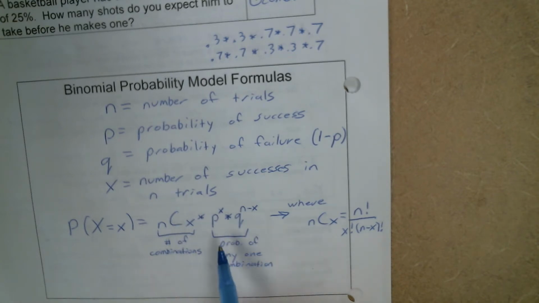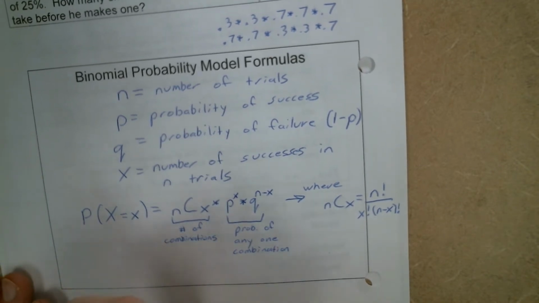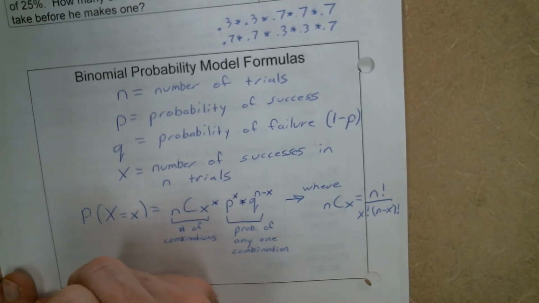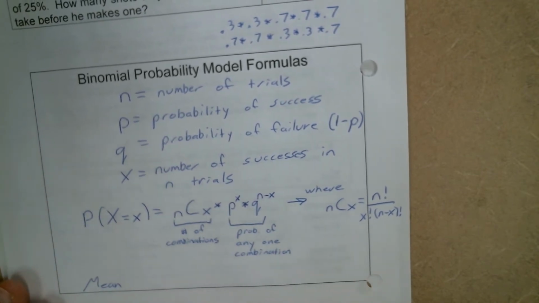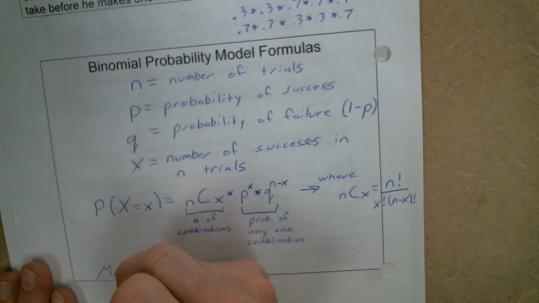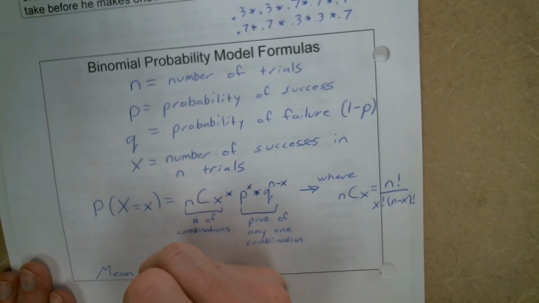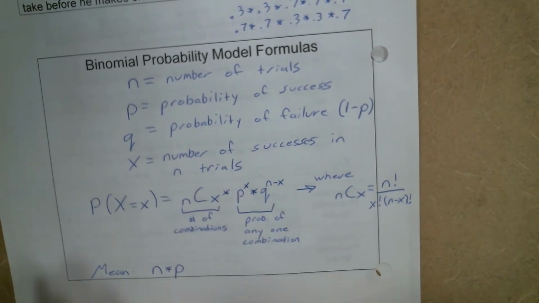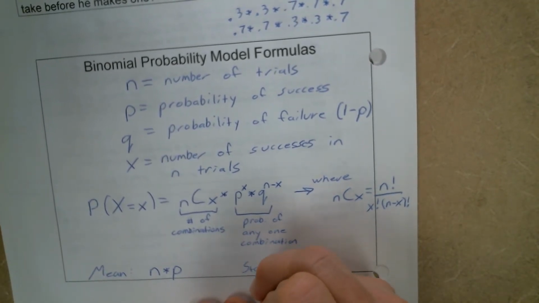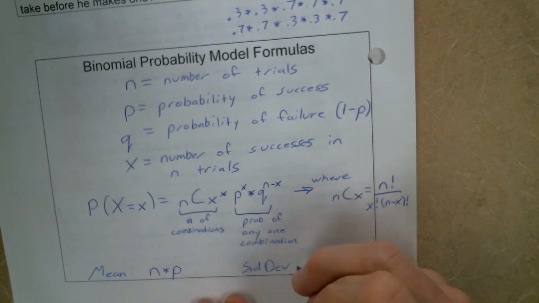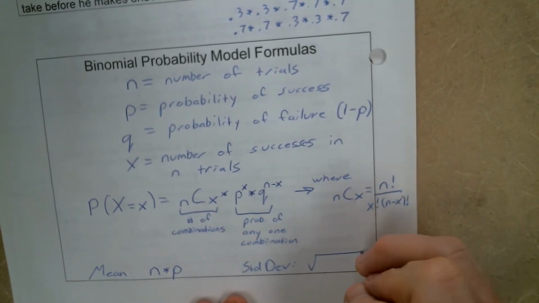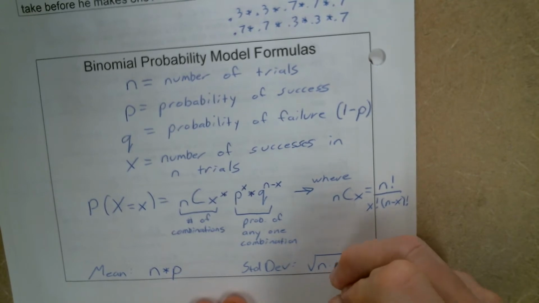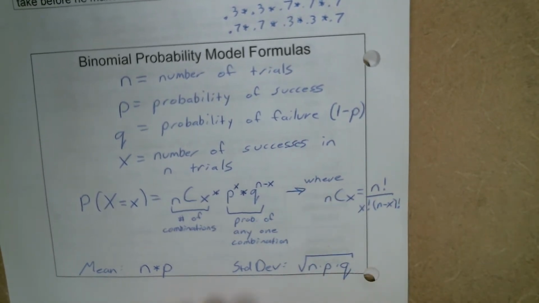All right, so this is the formula we're going to be using. Again, on the next page, we'll show you how you actually use it. The only other things that you need to know is that the mean of a binomial distribution can be found by doing n times p, and the standard deviation of a binomial distribution can be found by doing the square root of n times p times q.